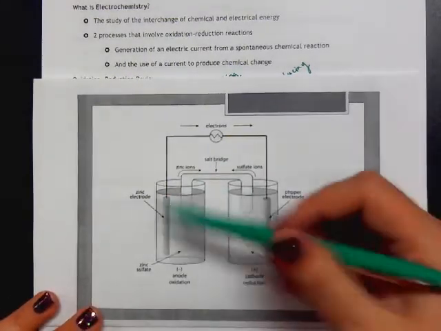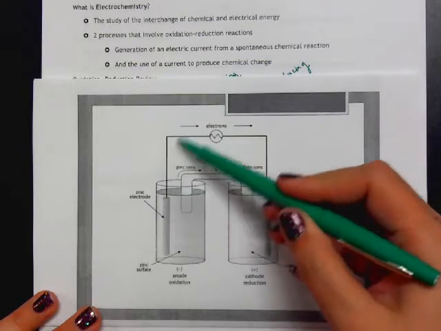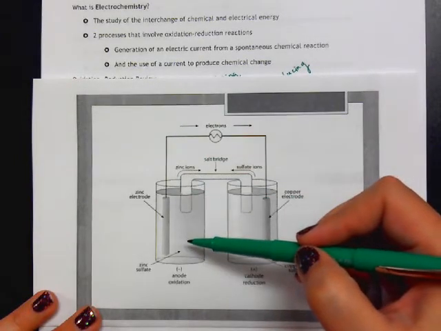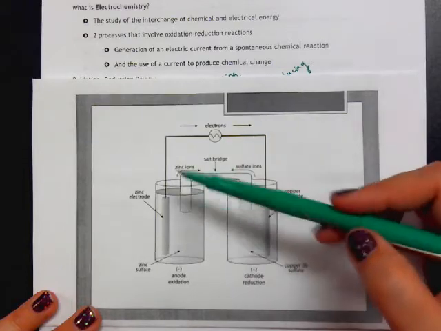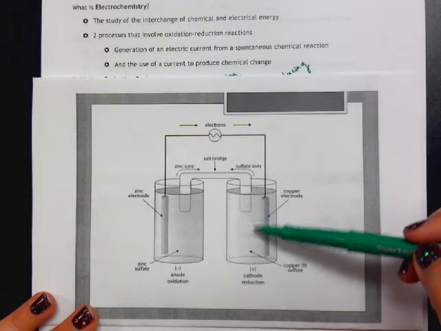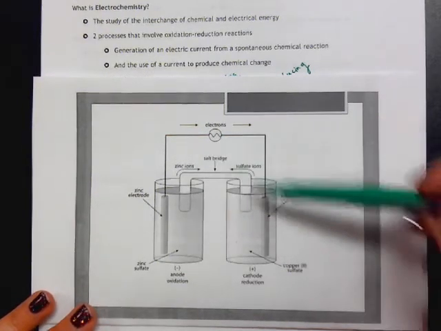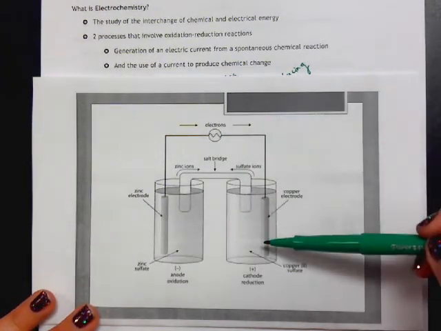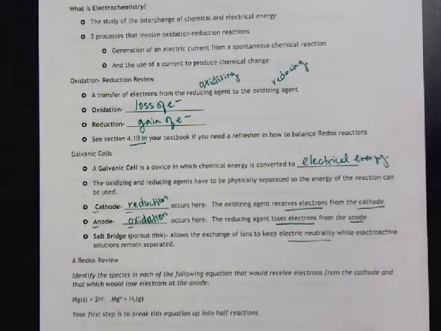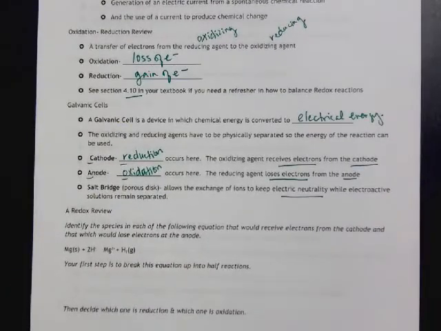Because this side is losing negative charges, the sulfate ion provides more negative charge here. And then we are losing negatives here, and gaining them with those electrons coming in here. So that's the cell and what it looks like.